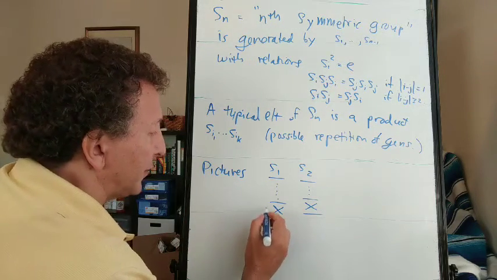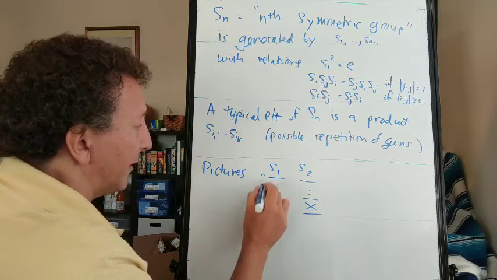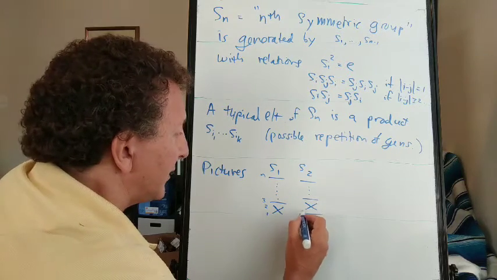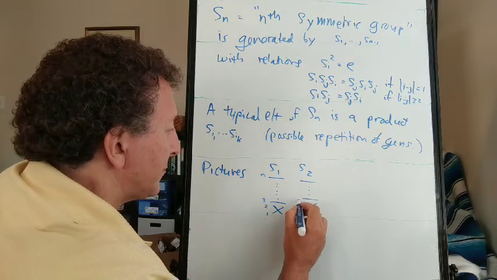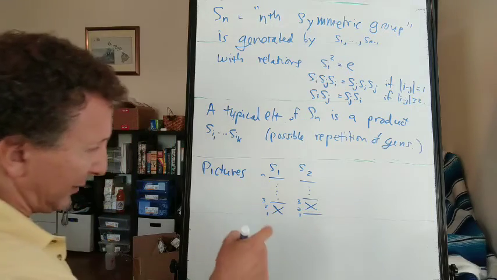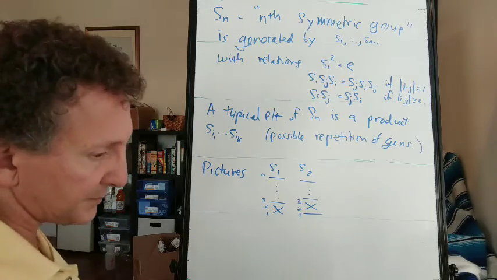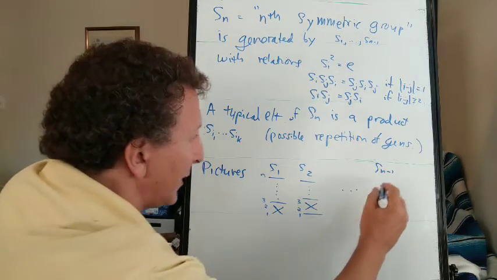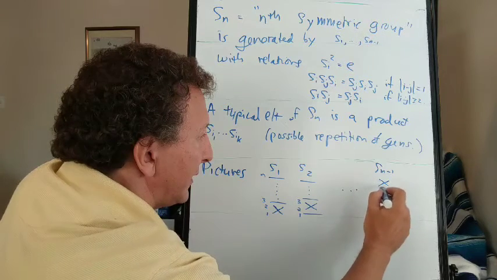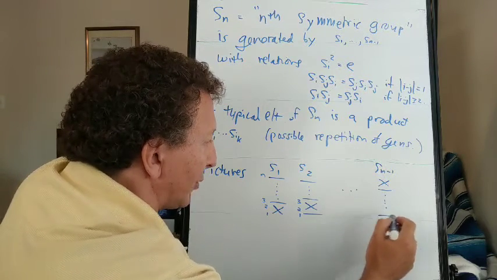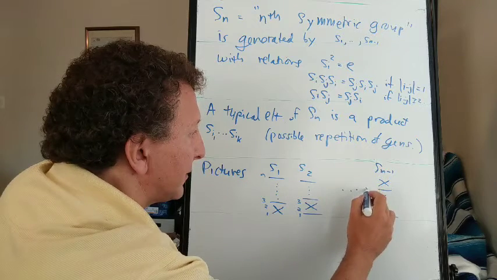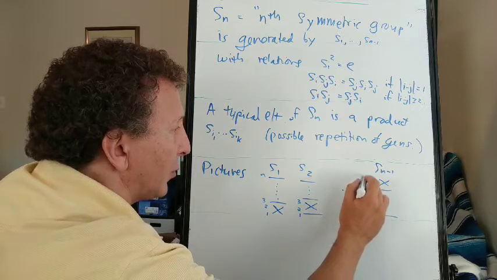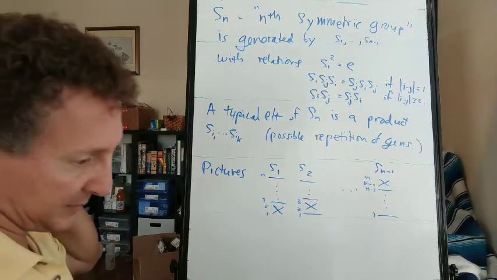So we can think of n endpoints on the left and n endpoints on the right. So here the X occurs between levels 2 and 3 as opposed to 1 and 2. And then Sn-1 has the X all the way at the top and horizontal lines everywhere else. So n-2 horizontal lines, then n-1 and n are where the X is.